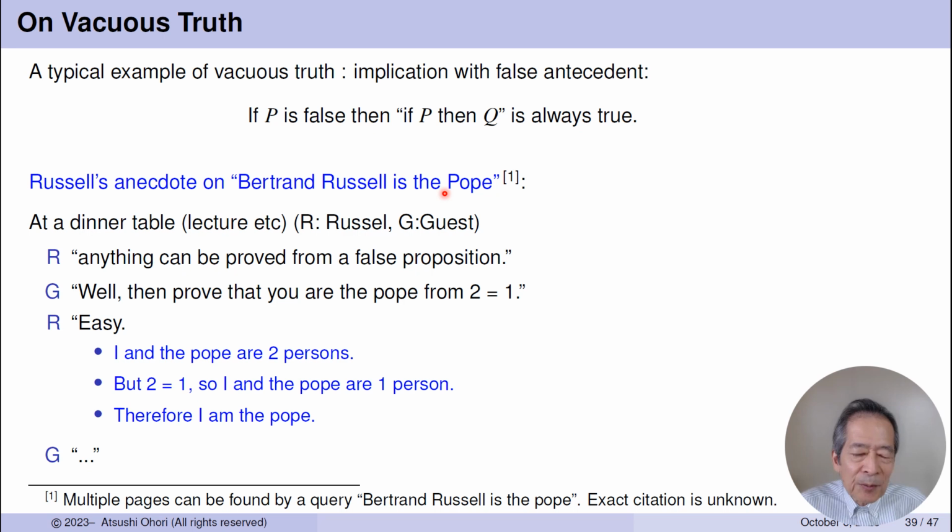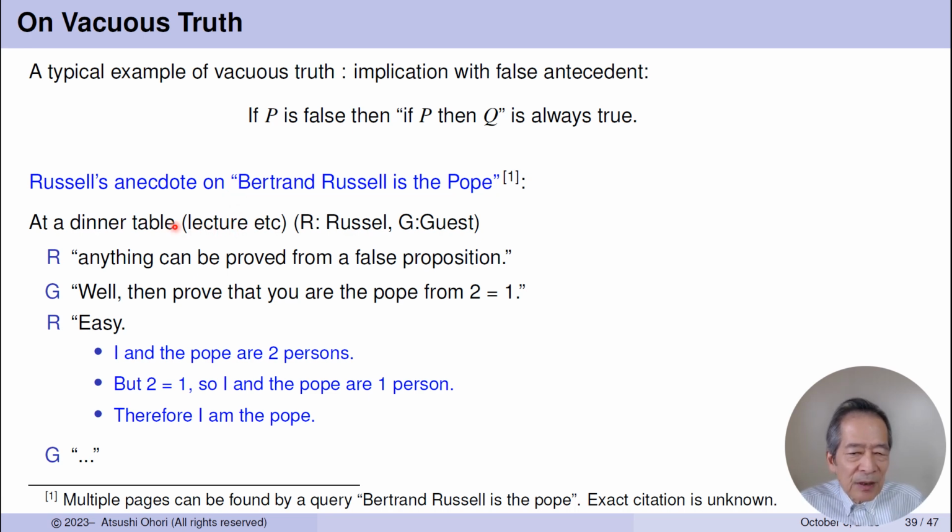So there are several versions. This story is known to be due to Bertrand Russell, so Russell's anecdote. I don't know the exact citation or origin or literature describing this story. This is based on my searching the internet.